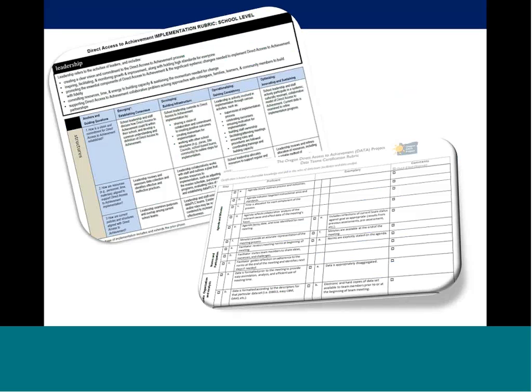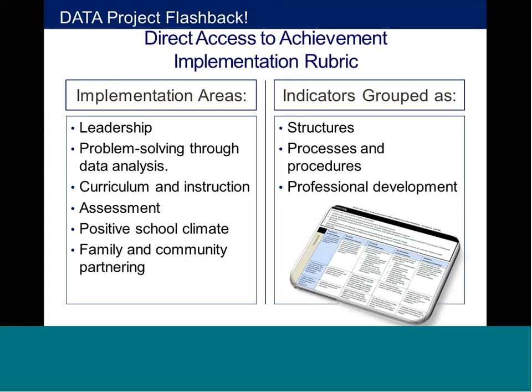So if you look at this, on the left is the implementation rubric, which in the most recent data retreat, you were exposed to the problem solving and data analysis portion of the rubric. On the bottom right is a picture of the observation tool. We're just going to look at these so that you can see what these two pieces can bring to integrating this action research project into what you're doing with Common Core implementation and educator effectiveness implementation.